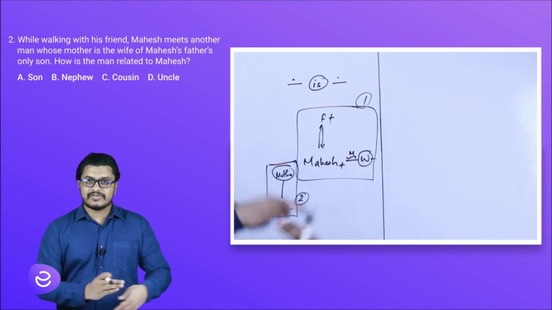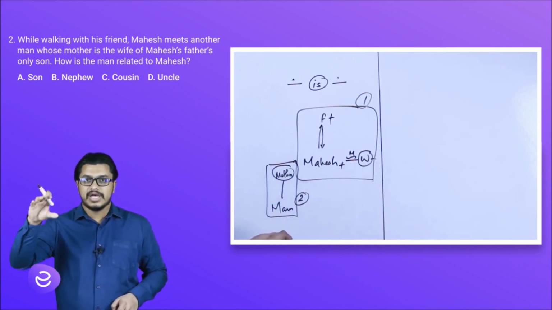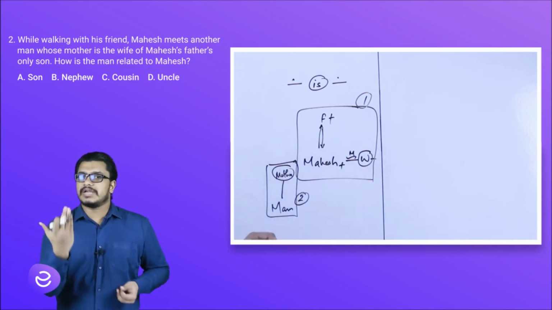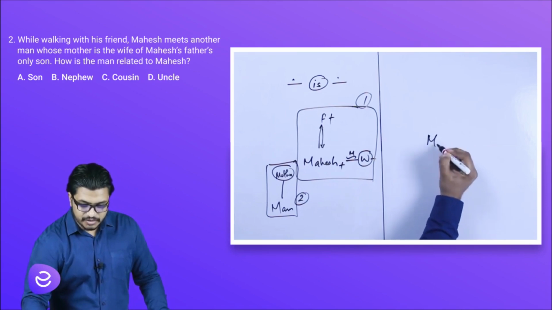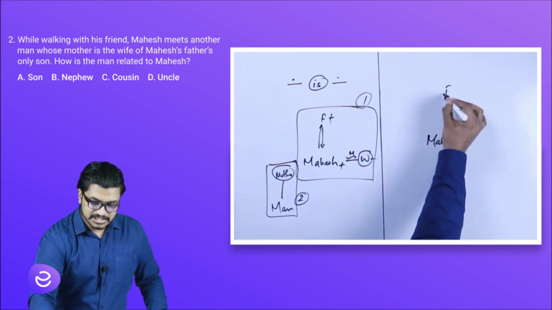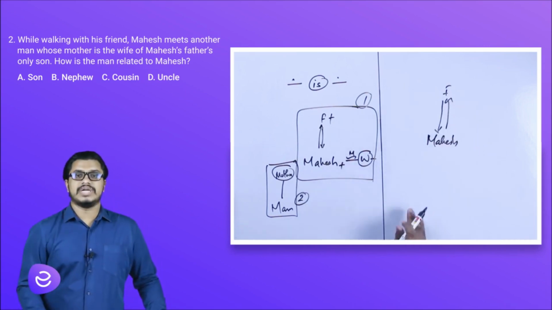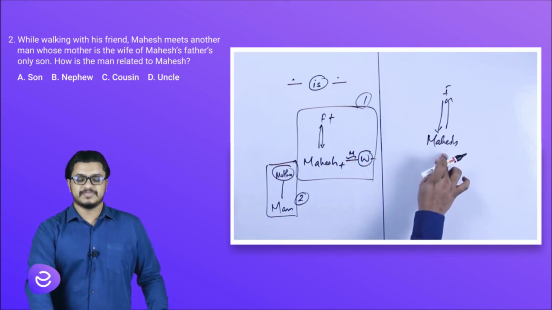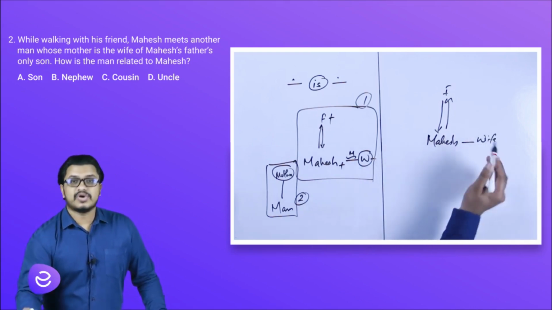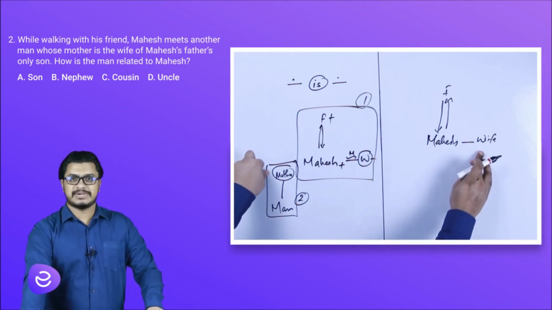So when we redraw this diagram, you can do it as a rough problem because your answers will be on the computer screen, but right now I'm just redrawing the diagram so that you can understand it better. So we drew Mahesh here, we drew Mahesh's father, we drew Mahesh's father's only son, we came back to Mahesh, then Mahesh's wife. So we were here right now. Now this wife is the same as this mother.